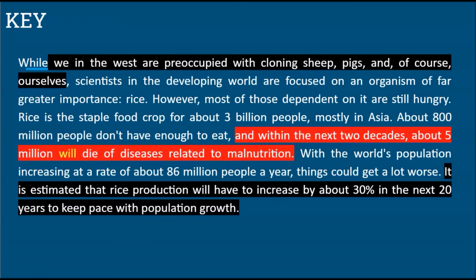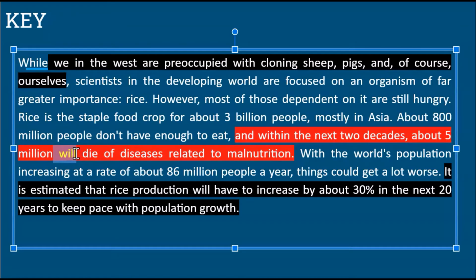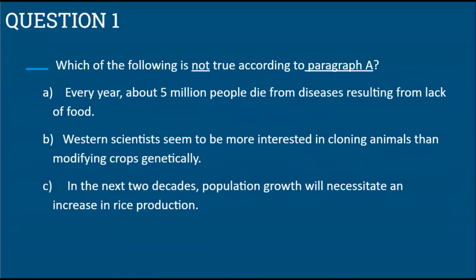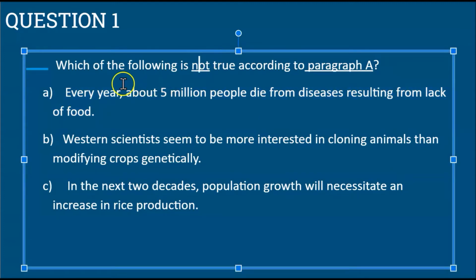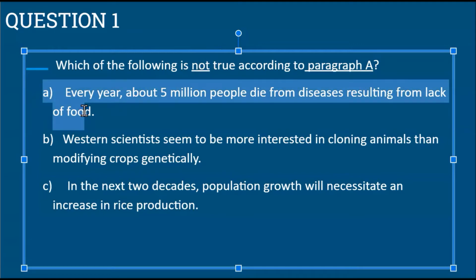So in contrast to what is said here, which is a reference to the future, in choice A we're given that it happens every year. So this is incorrect information according to that paragraph. So choice A is correct.